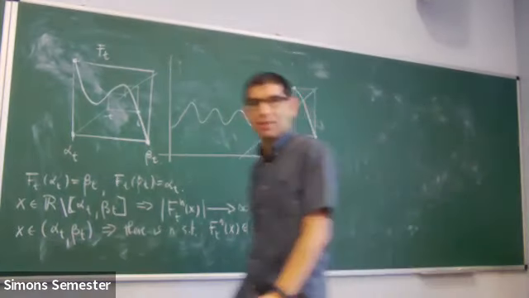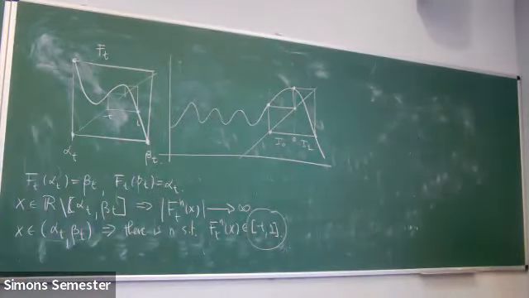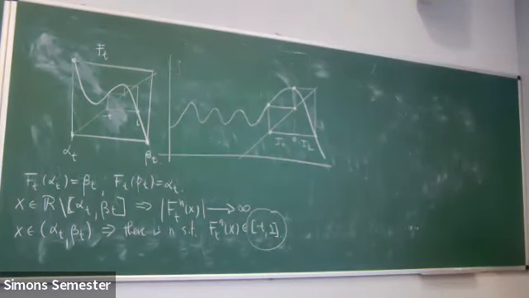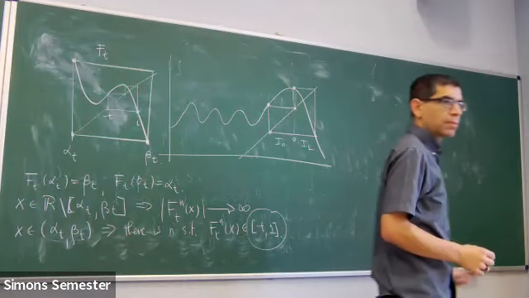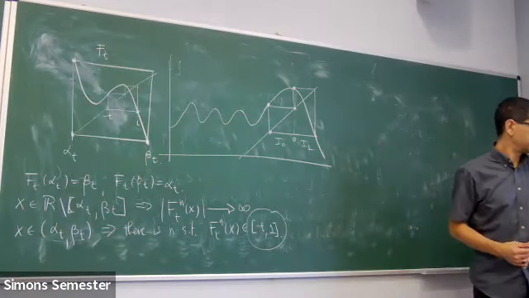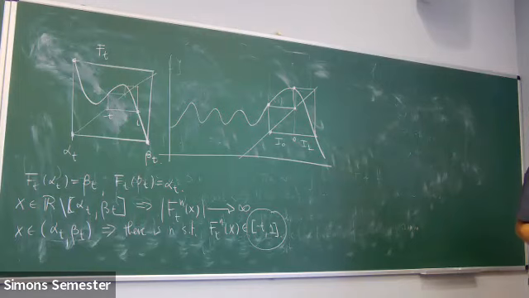Any other questions? If you have, so here you've got one restrictive interval and you've got dynamics there. If you have two, let's say, separate restrictive intervals, and you've got dynamics here and dynamics here, and you have a zeta function for this map and a zeta function for this map.